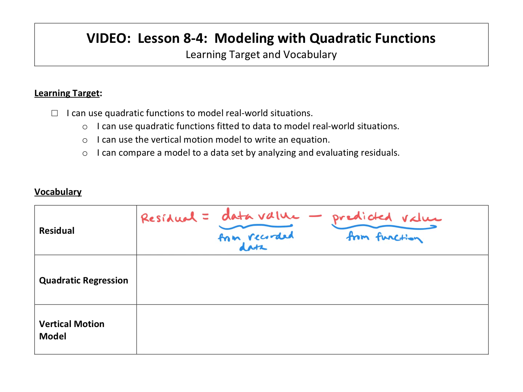All right, our next vocab is quadratic regression. This is a method used to find the quadratic function that best fits a data set. So let's write that in together.